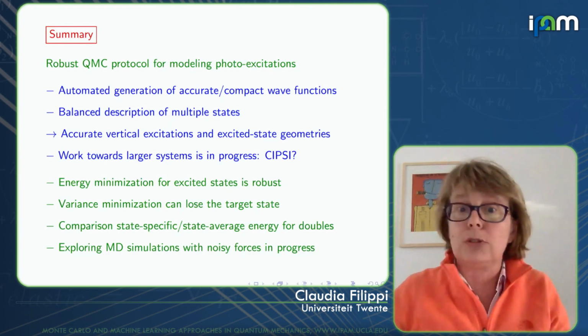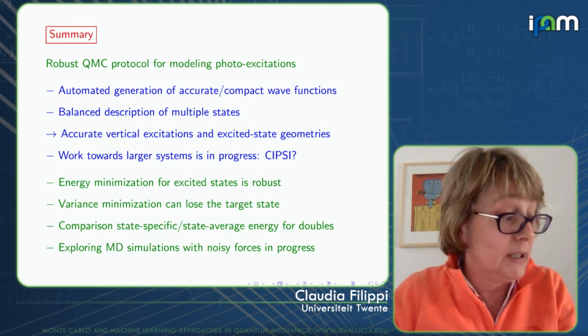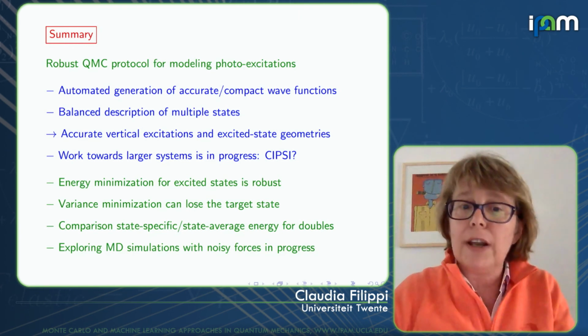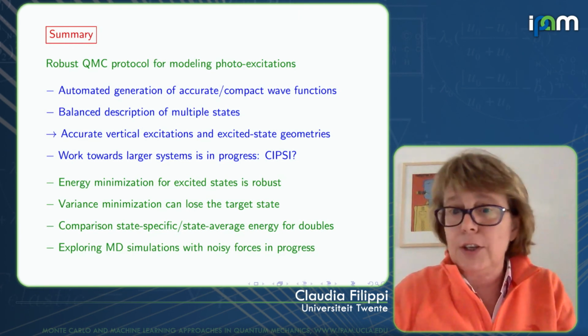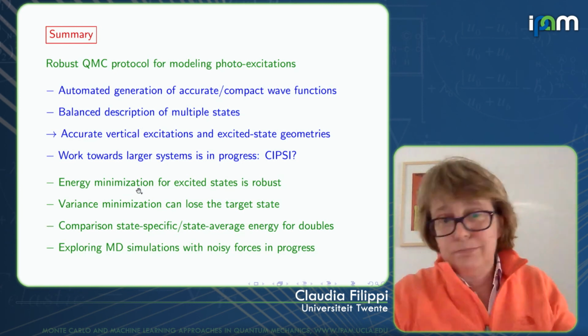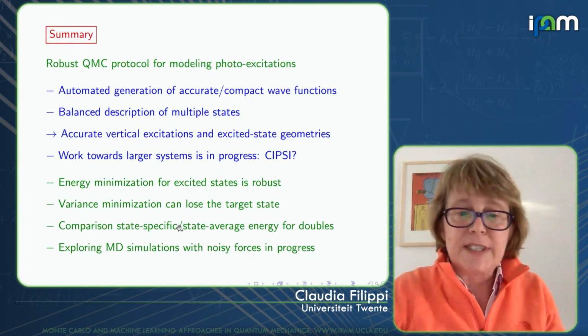And indeed, thinking about different types of wave function is very important. If we could have some physical insight also from this multi-determinant neural network, it would be very useful. As I also showed, with energy minimization, variance minimization can have trouble. We compared state specific and state average.